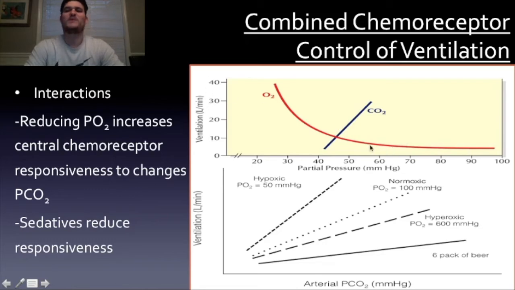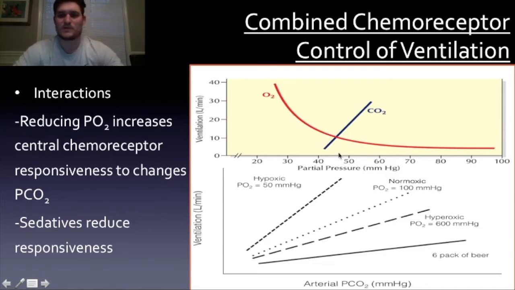And again, that's because it's really the central chemoreceptors, the ones that pick up on CO2, that drive this ventilation. So we don't really see that increase in ventilation until PO2 levels get very, very low, right? That's once we get below 60 mmHg, that really drives up ventilation.